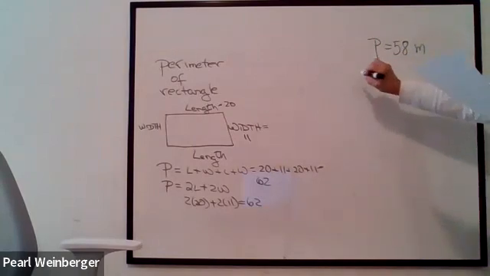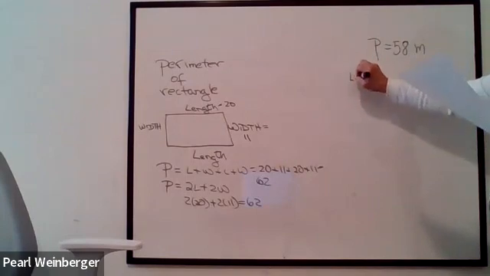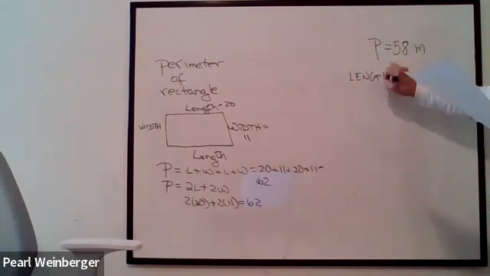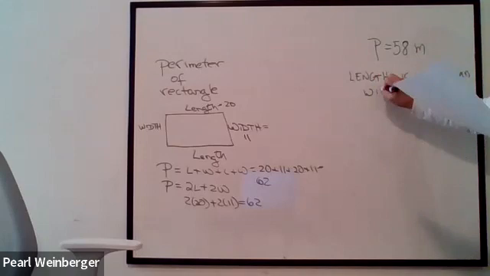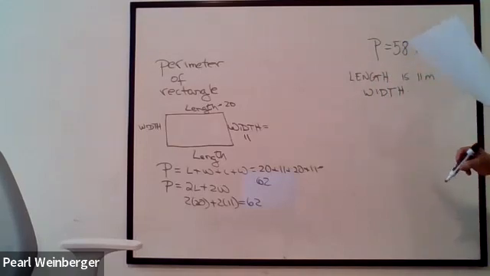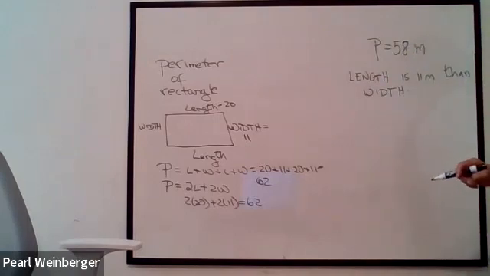It turns out that the length is 11 meters more than the width. What are the dimensions of the swimming pool?